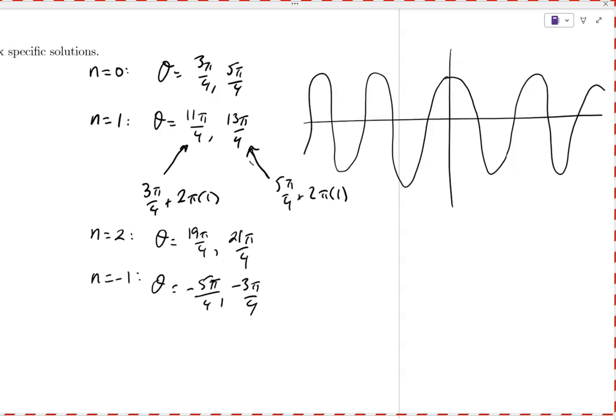What we're doing is, if you look at where it crosses that -1 over root 2 line, we're just finding out where all these intersection points are. And notice there's a bunch of them, right? That's what we're doing. And it makes sense that we can get more and more depending on how far the graph goes out.